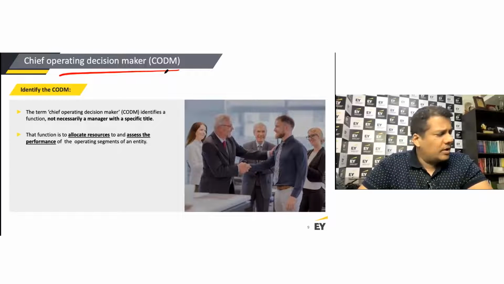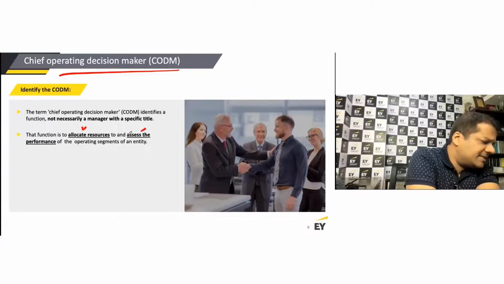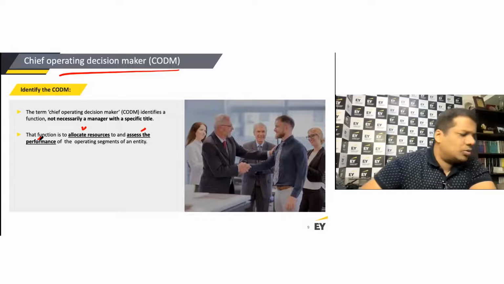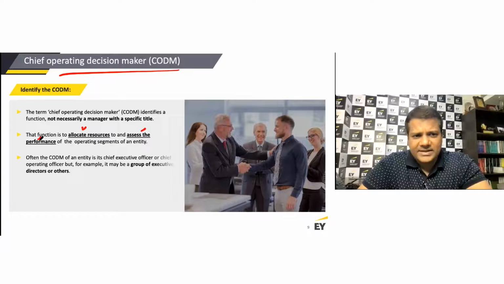The function is to allocate resources to assess the performance of the operating segments of an entity. Often the CODM of an entity is its chief executive officer or chief operating officer, either a CEO or COO.